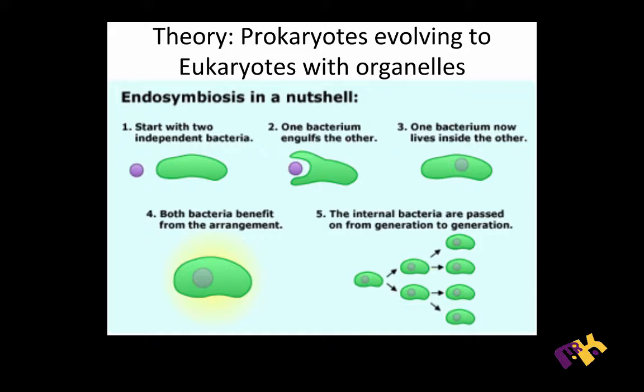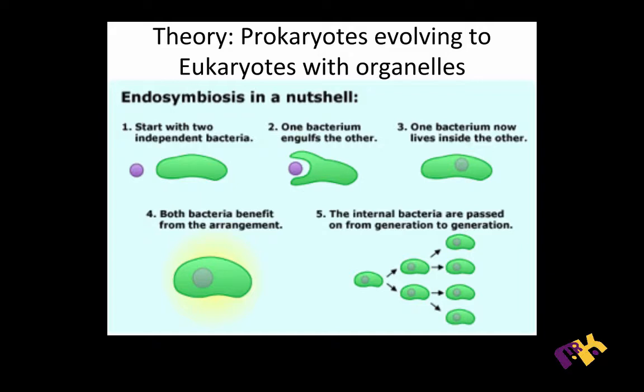The larger bacteria doesn't duplicate as often as the smaller one, but when it does, and it pinches in half and bloops one of itself, it includes some of this bacteria that it had formed this endosymbiotic relationship with. And that continues to be passed on from generation to generation. This is where they came from and how they came to be part of our cells, the eukaryotic cells.